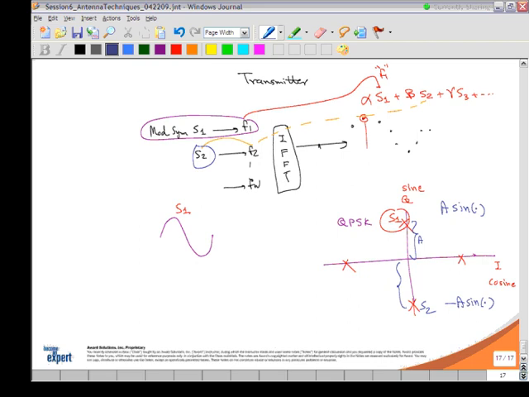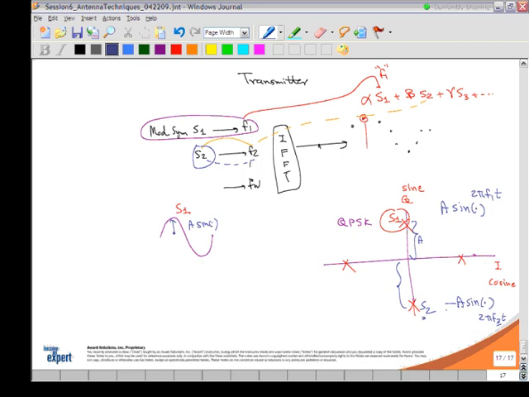Now, we can still talk about the baseband, so it will be 2 pi f1. If this goes over f2, it will be 2 pi f2. Okay, let's do that. So now f1, this is A amplitude here, A sine wave.